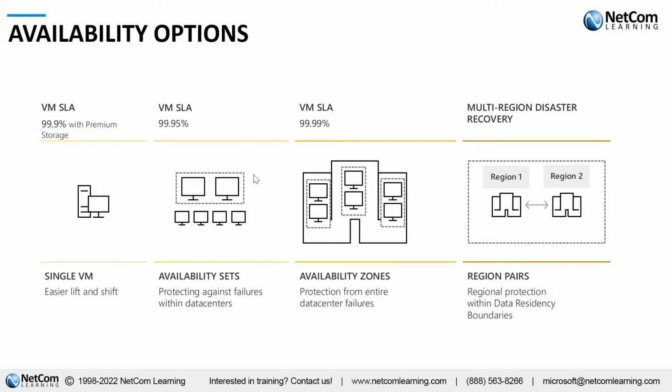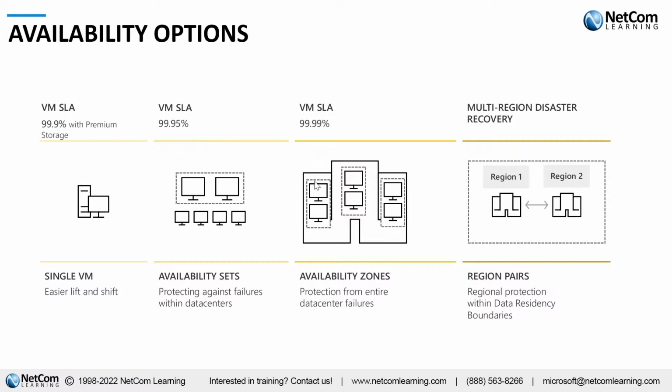But when you club these VMs together, we call them availability sets because there's failover built in. This VM can go down, but there's a lower chance, and when I cluster these VMs together, the chances of the entire cluster going down is going to be really low. So how low is it? Depending upon how big the cluster is, what Microsoft promises is 99.95% of uptime, 4 hours of downtime in a year.